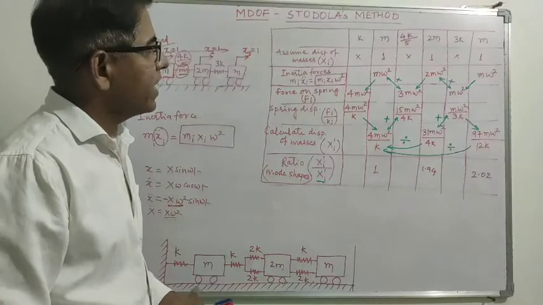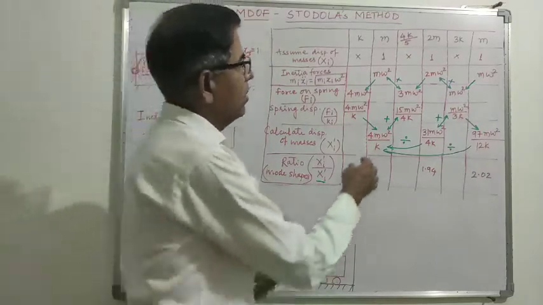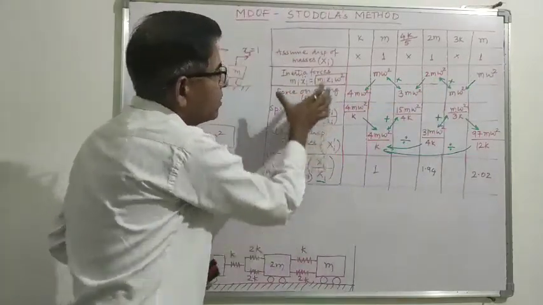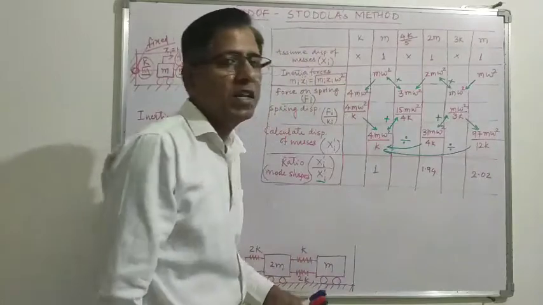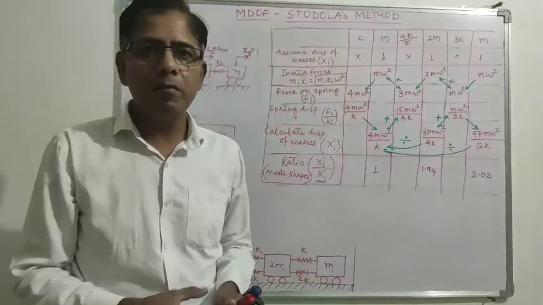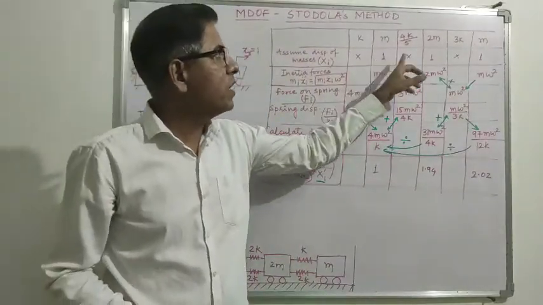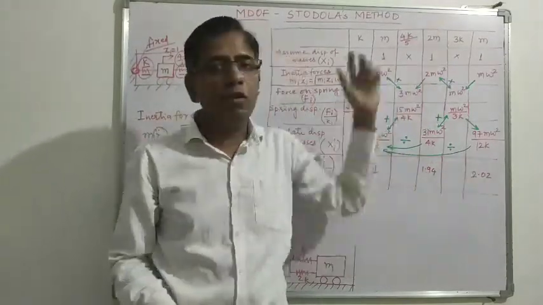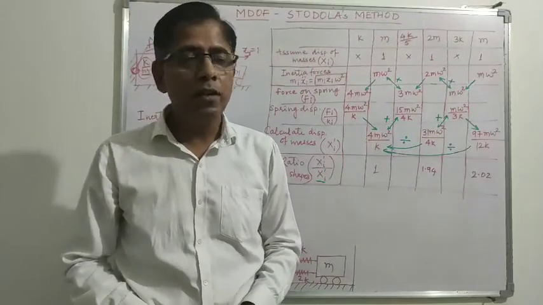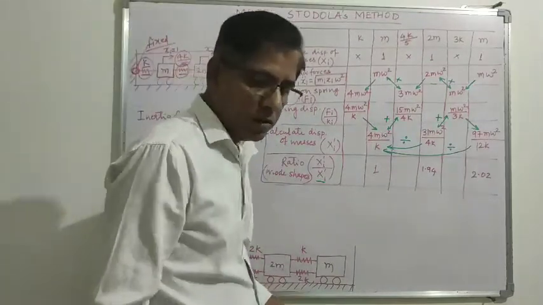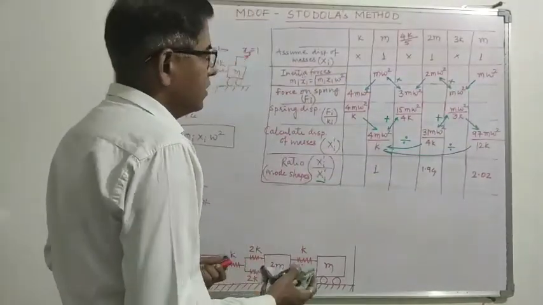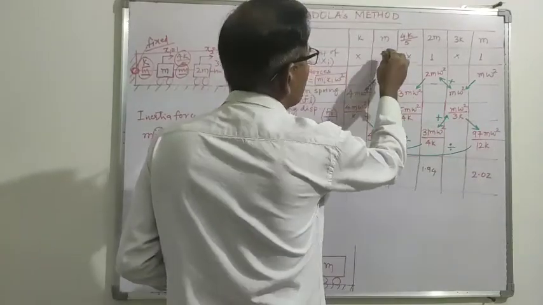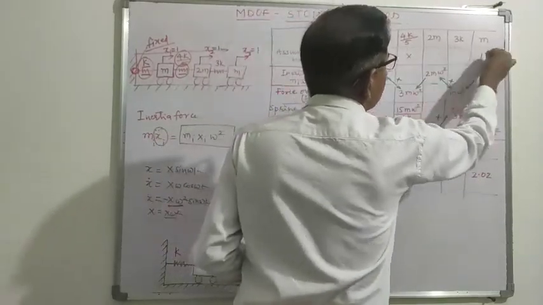So in the second iteration, the first row will contain the horizontal parameters and the vertical parameters will remain exactly the same, but instead of assuming 1, 1, 1 as in the first iteration, now these values will carry forward to the second iteration. So now here again we will plot the values.